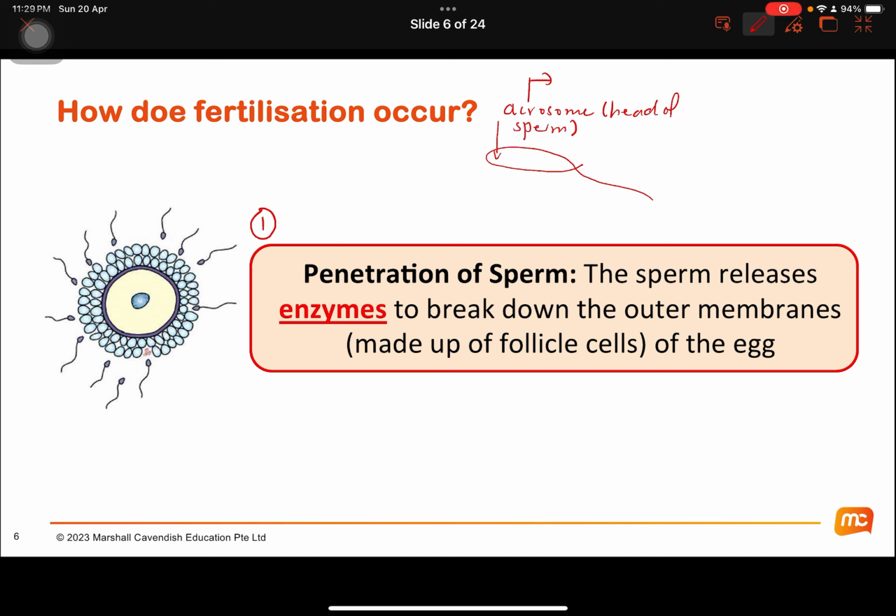So it contains enzymes that would break down the outer covering, as you can see highlighted in this box over here. And when it breaks down, only the nucleus of the sperm will be released into the ovum. So that's the first step.